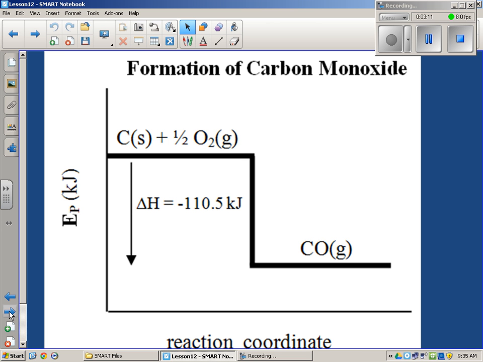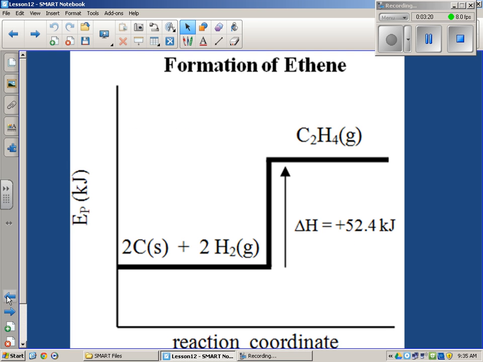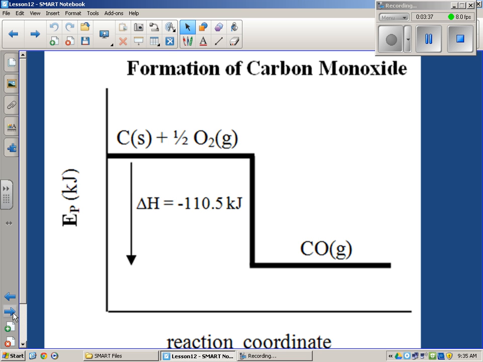There's more potential energy in the reactants here than there is in the products, whereas vice versa in the previous case, there's more potential energy in the products than in the reactants. So at the end of that reaction, you have more potential energy to do something with. In this case, you've lost potential energy. Carbon monoxide has less potential energy than your reactants did. And this would be an example of an exothermic reaction, all right?